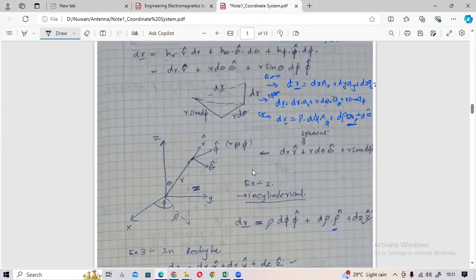So if you can remember these three identities, you can get any integration.